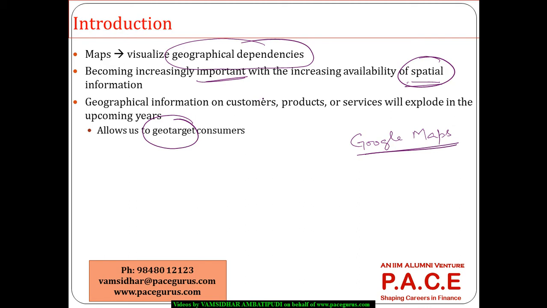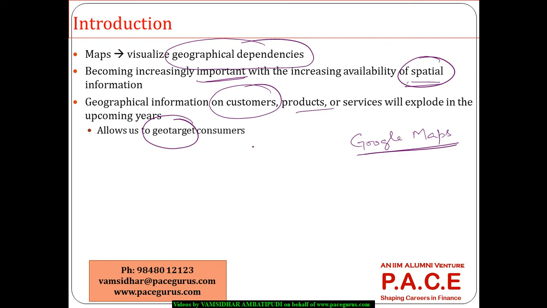So I can really work on geographical information pertaining to customers, products, and in the next few years, there would be an enormous development that is going to come in the area of geographical information systems.